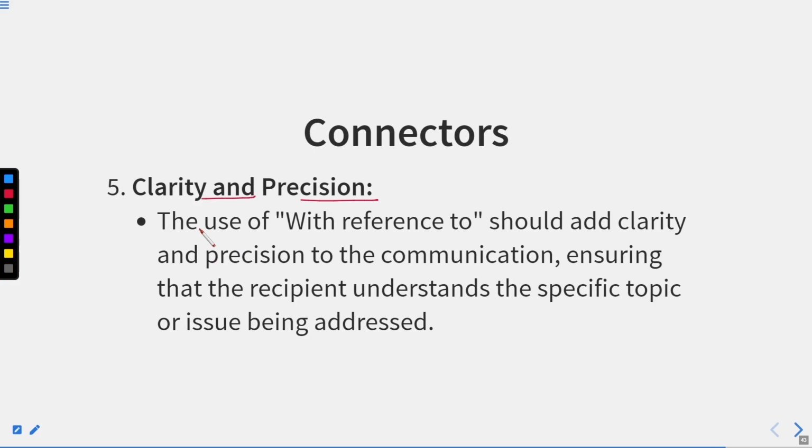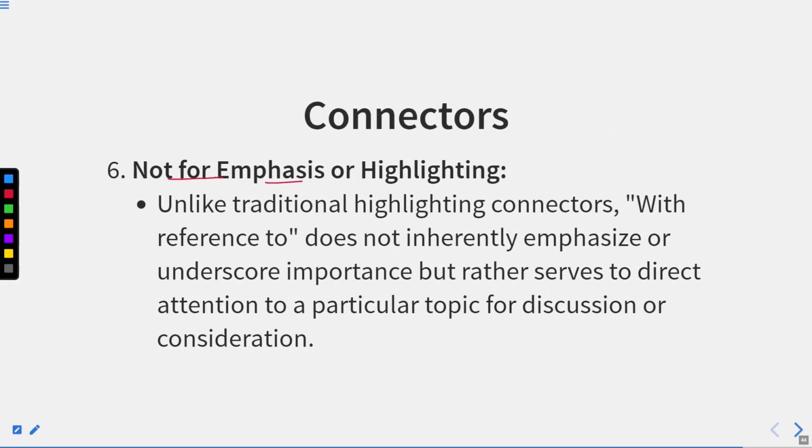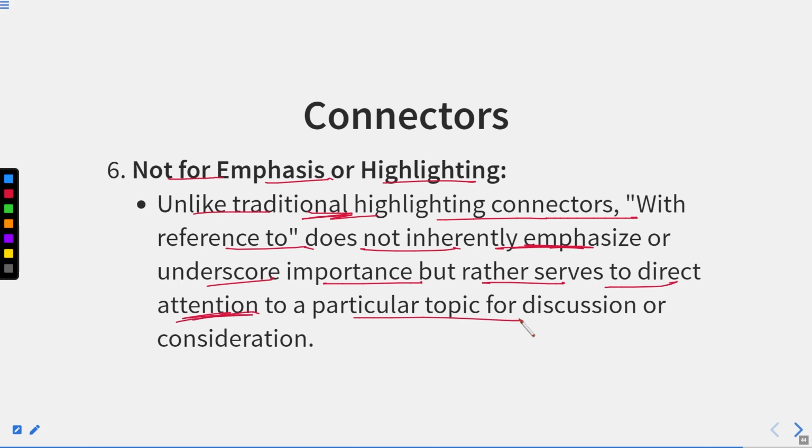Clarity and precision. The use of "with reference to" should add clarity and precision to the communication, ensuring that the recipient understands the specific topic or issue being addressed. Note for the emphasis or highlighting. Unlike traditional highlighting connectors, "with reference to" does not inherently emphasize or underscore importance, but rather serves to direct attention to a particular topic for discussion or consideration.